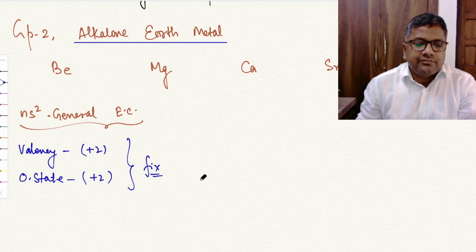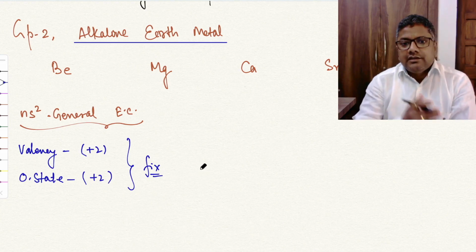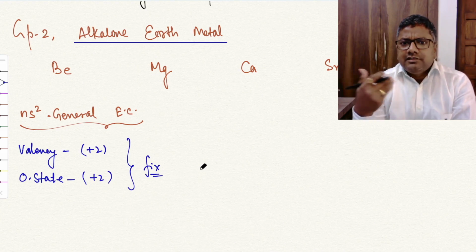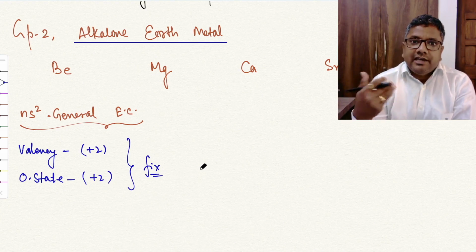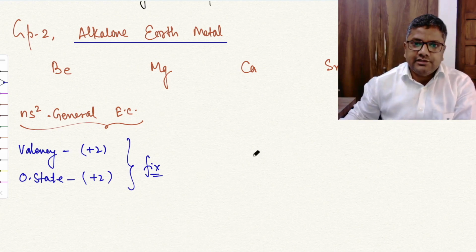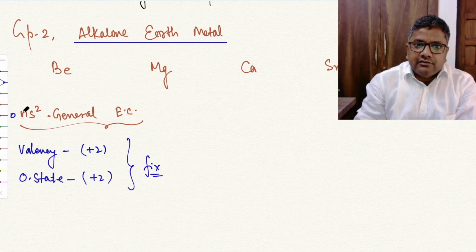Some elements of this group have the ability to form covalent compounds, but that is a different issue, right? So: general electronic configuration, valency, oxidation state.